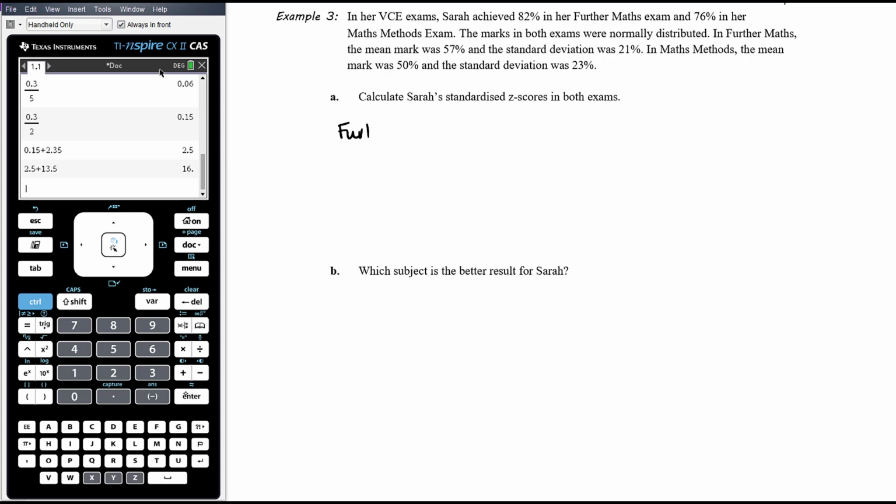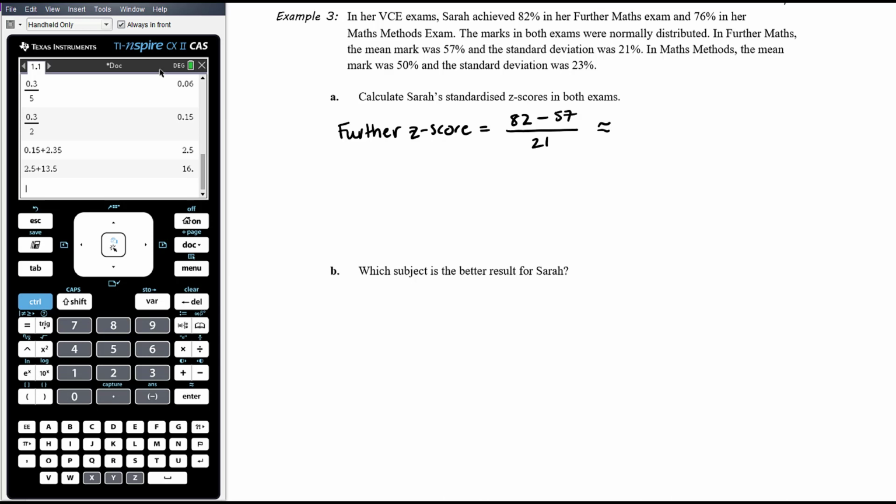Okay, so in Further, her z-score is going to be her actual Further score, which was 82%, minus the mean in Further, which was 57%, divided by the standard deviation in Further, which was 21%.